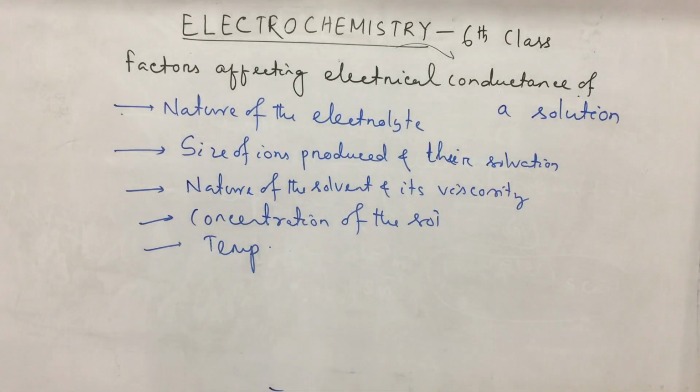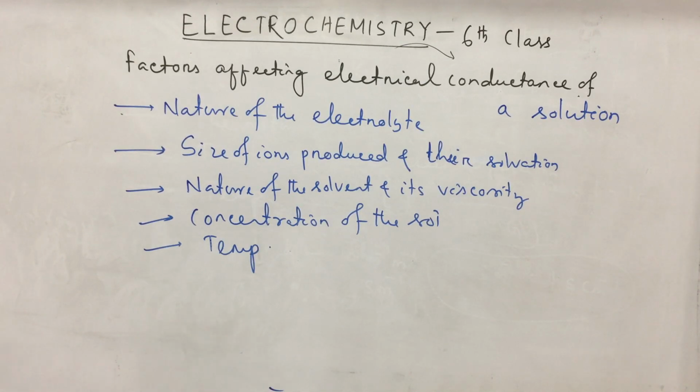Okay, so you check. The different factors affecting the electrical conductance of a solution: first is nature of the electrolyte, size of the ions produced and their solvation, nature of the solvent and its viscosity, concentration of the solution, and next is temperature.